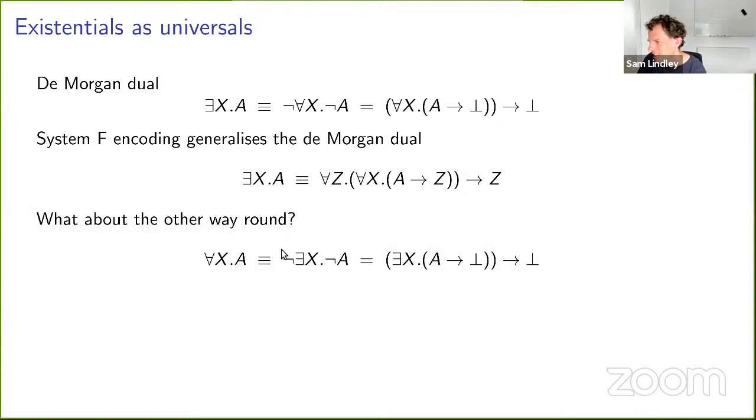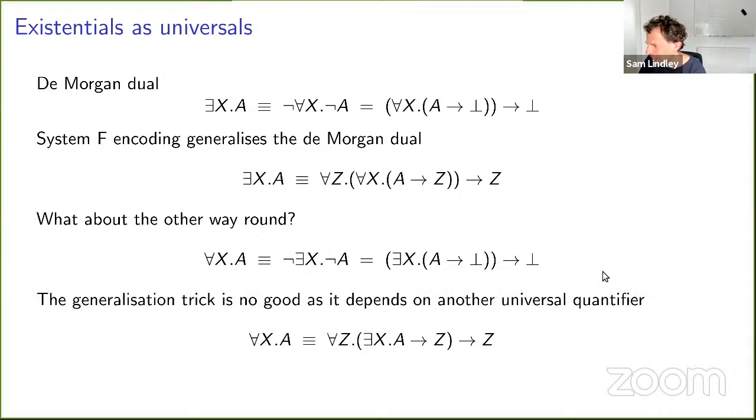So you can do the similar De Morgan dual trick, but if we try to abstract over the bottom again, it doesn't really work because we're then introducing another universal there. So I was playing around with this and thought, oh, what can I do? And the observation is, well, we can still use this encoding without abstracting over the bottom.